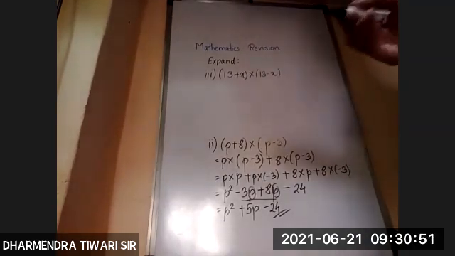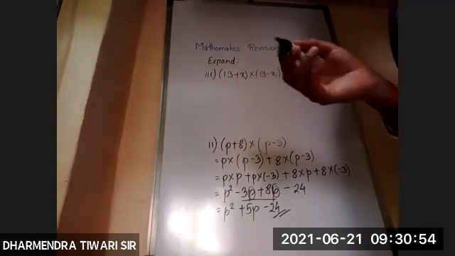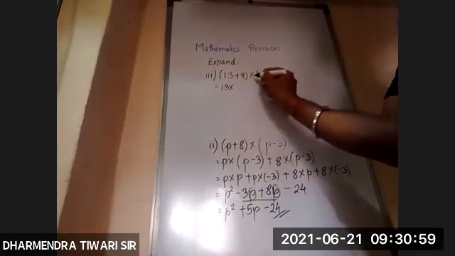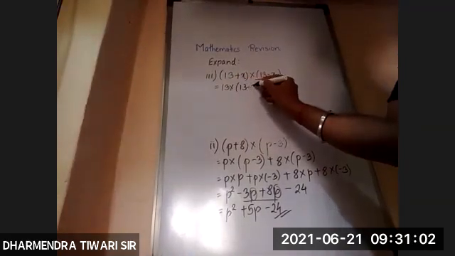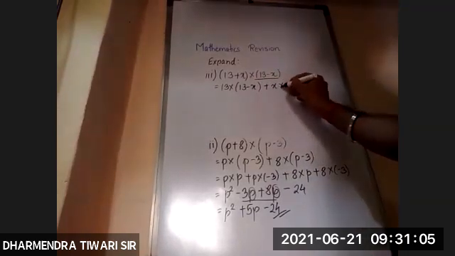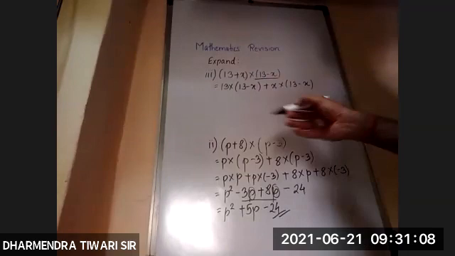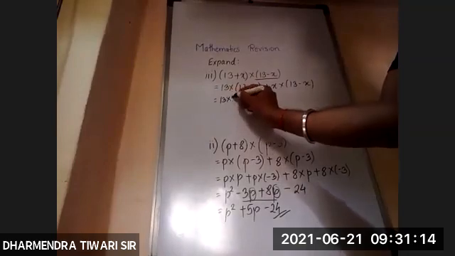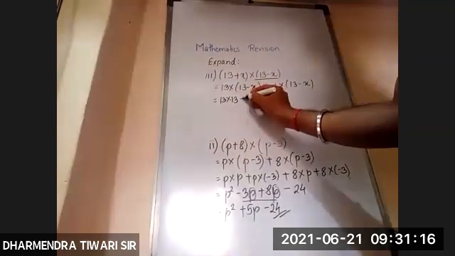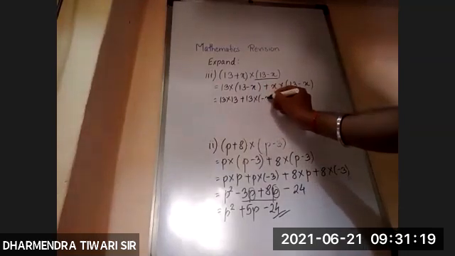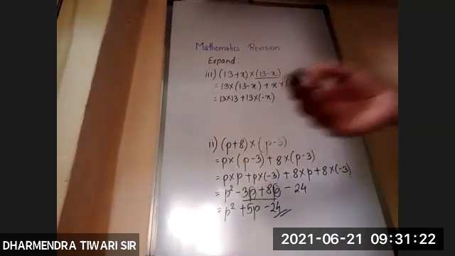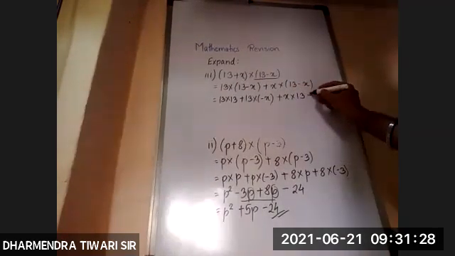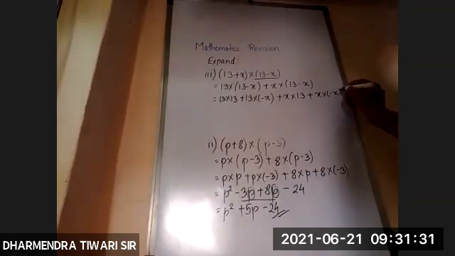As we know the formula, we can use it, but as they are saying expand it, we'll be expanding this. 13 multiplied to (13 minus x) plus x multiplied to (13 minus x). So just open the bracket. 13 into 13 plus 13 into minus x, and here plus x into 13 plus x into minus x.